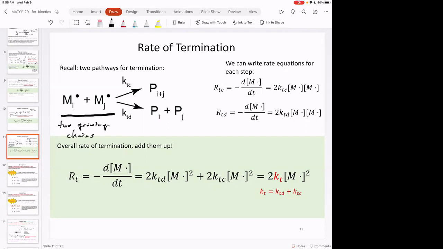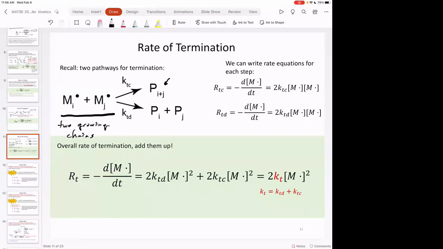And they're going to terminate. Haven't talked about chain transfer yet. Basically, in termination by combination, you get one molecule with the degree of polymerization of the sum of the 2 growing chains. And in disproportionation, you basically get 2 dead chains, and one has a vinyl bond on it.